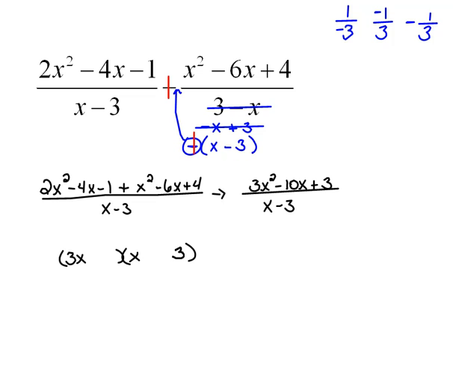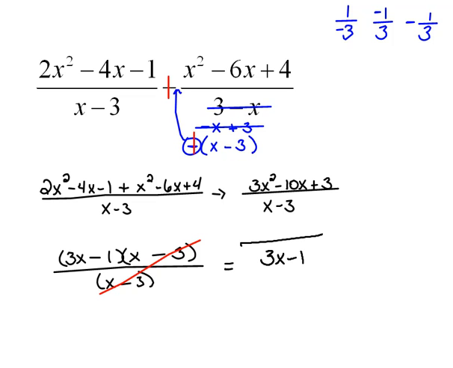Well, if I put my 3 here and the 1 here, that means I would have 9x and 1x, which would be a 10x if both of them were negative. So we'd have 3x minus 1 times x minus 3, all over x minus 3. And now our x minus 3's will cancel, top and bottom, so our final answer is 3x minus 1.